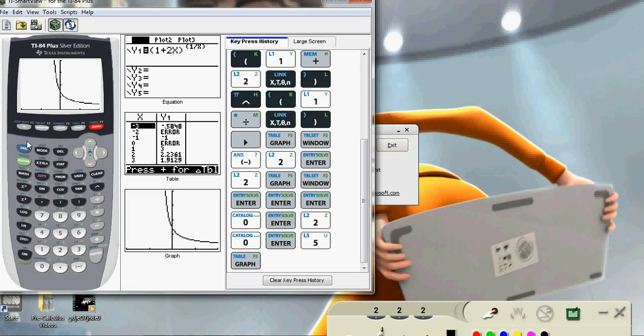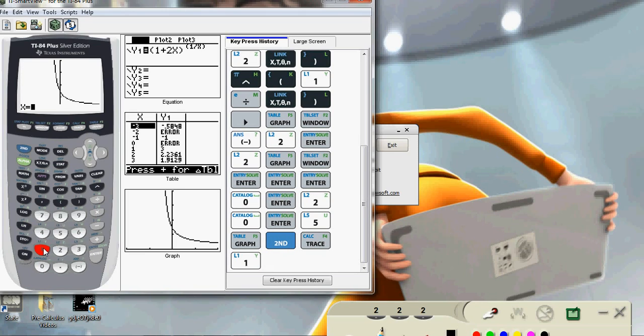So I'm going to use the calculate function on the calculator. Do second and then calculate, which is this button right here. Then I want an actual value. I could try intersect, but it's just going to give me an error. So I want to find a value really close to 0.